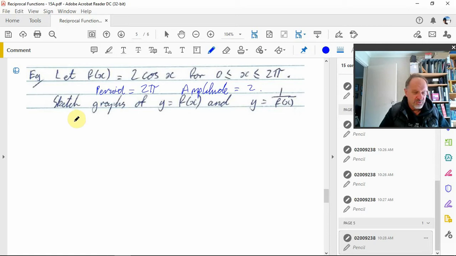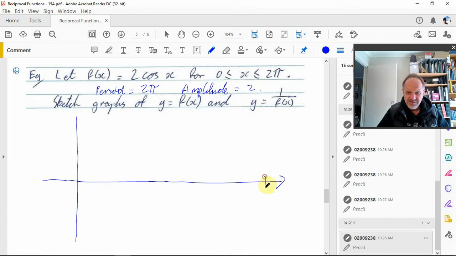All right, so let's draw our graph. We're asked to do it between 0 and 2 pi. All right, and amplitude is 2, so we're up here at 2, and we go down to -2. Normally cos starts at 1, but because we've got an amplitude of 2, it starts here. Then it does its wiggles, and one period later it gets back to the same spot, and one period is 2 pi.